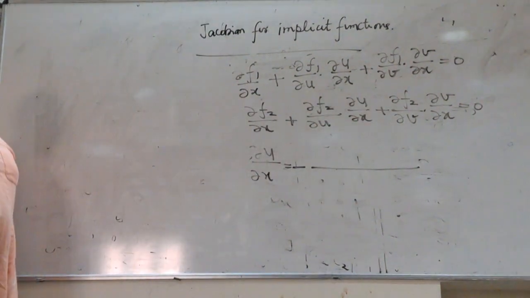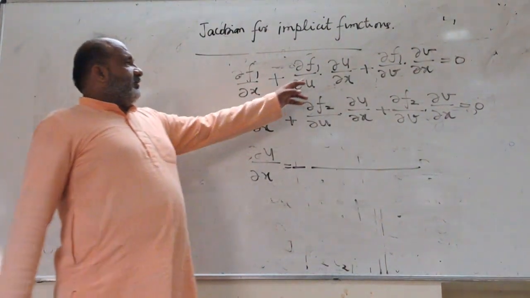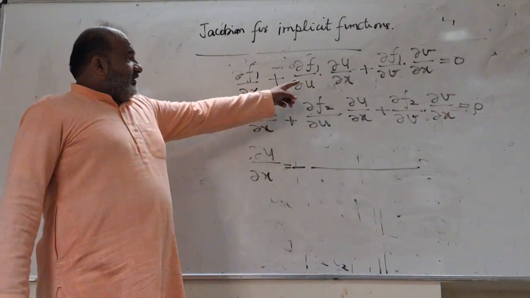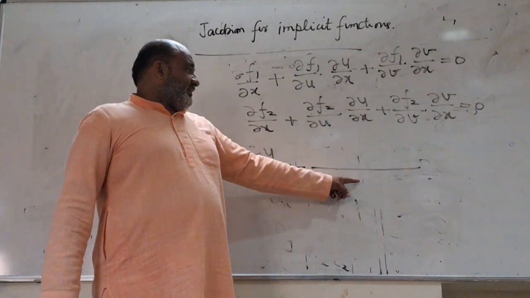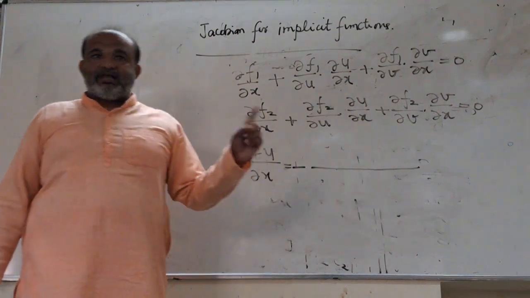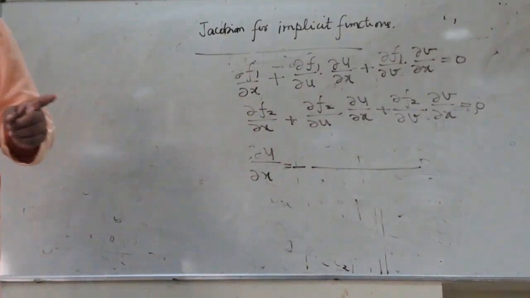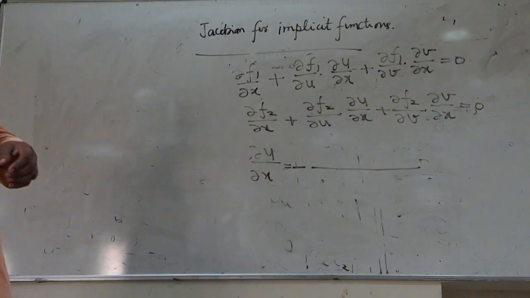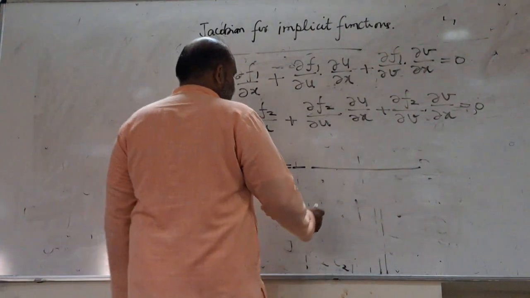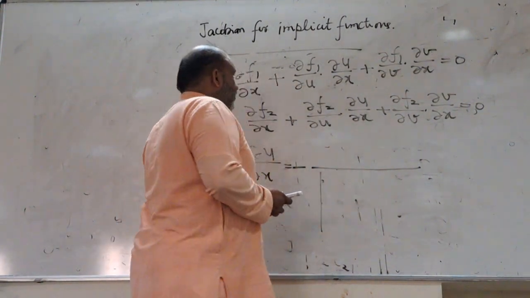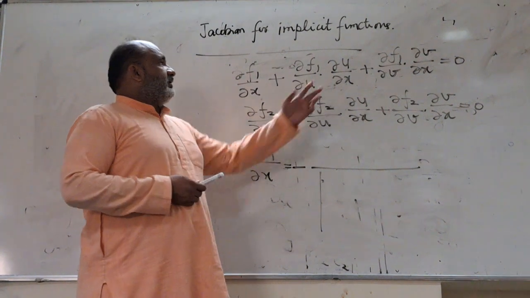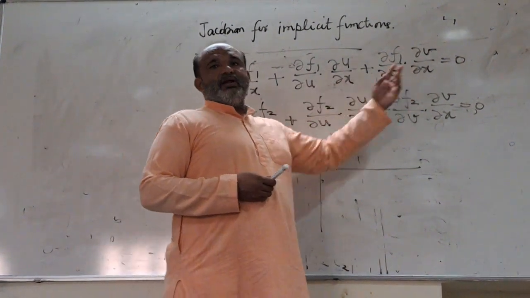Is it okay? Right? Now in the denominator, in Cramer's rule, that was the determinant of the coefficient matrix. So here you will have a determinant with the coefficients of del u over del x and del v over del x.